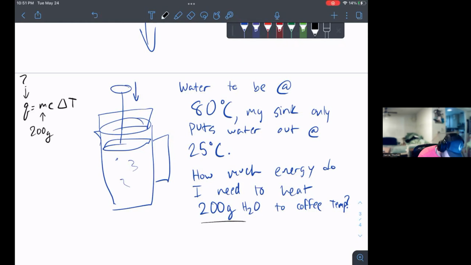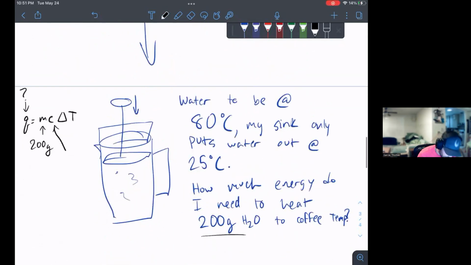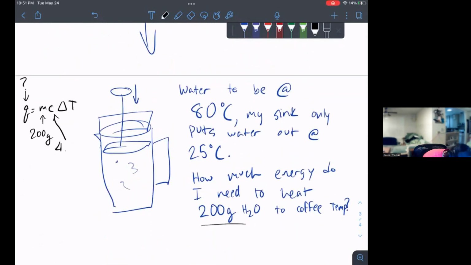Now, specific heat is constant, so we can just look it up and, well, hey, look, I have it right there, 4.184 joules per gram degree Celsius. And lastly, I have delta T. Now, I want my final temperature to be 80, and my initial temperature is 25. So 80 minus 25 is going to be 55 degrees Celsius.